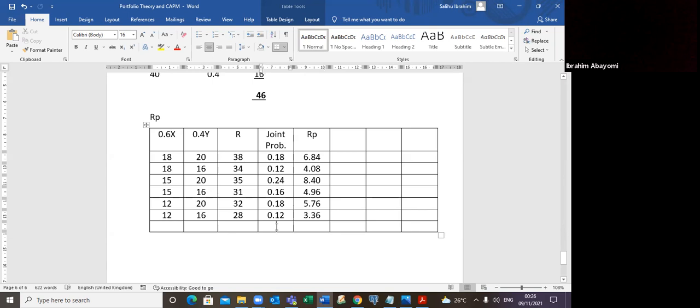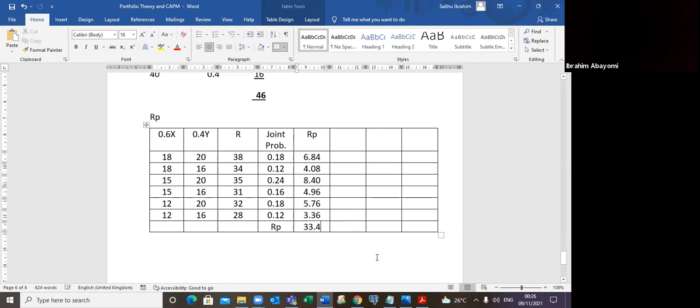That's our total expected return on the portfolio. Sum everything together. 33.4.